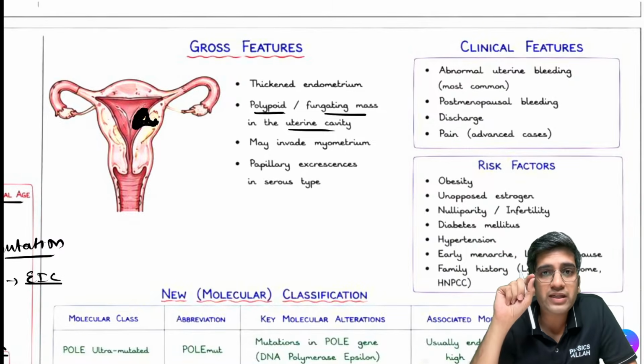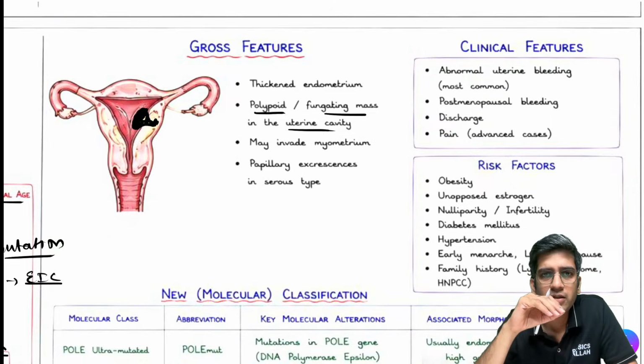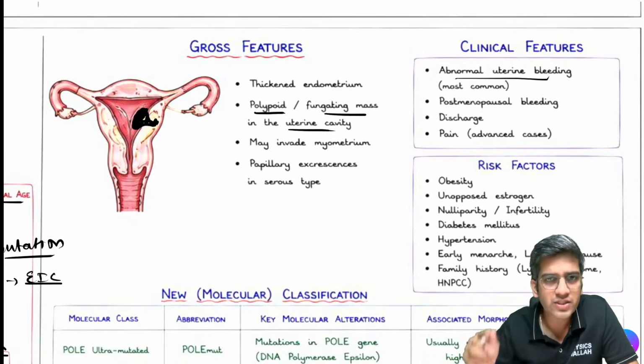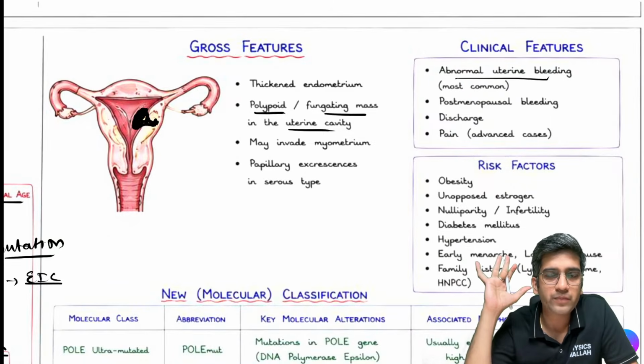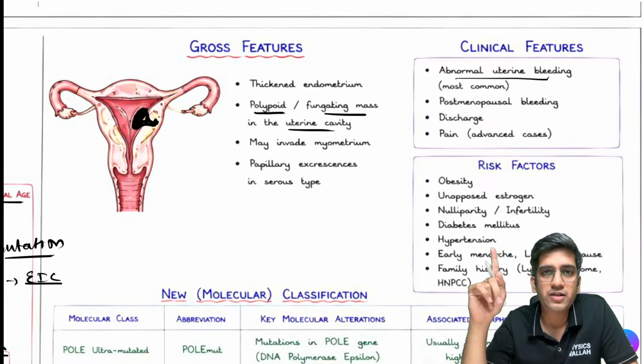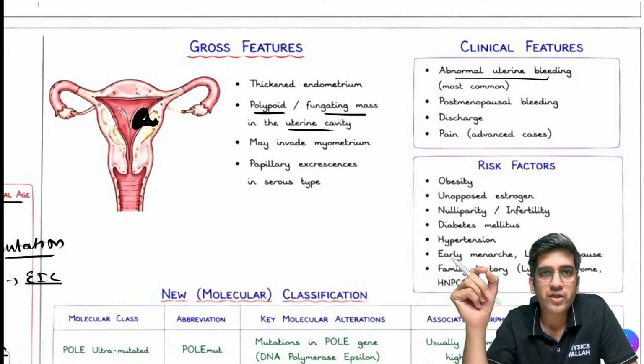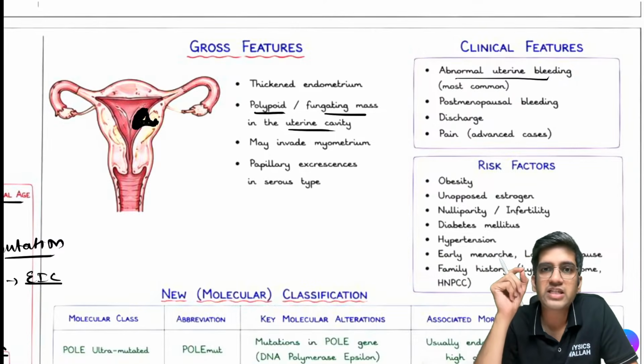I'm having such an amount of tumor proliferating and going into the cavity. Is there a possibility they can break and they can bleed? They will. So the classical symptom is abnormal uterine bleeding. Please remember, tell this to your parents, mother, and also your sister. After attaining menopause, even a spot of blood is abnormal.